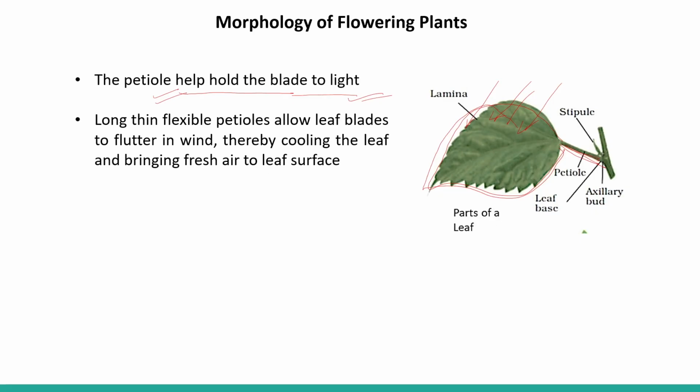The long, thin, flexible petiole allows leaf blades to flutter in the wind, thereby cooling the leaf and bringing fresh air to the leaf surface. So the petiole is positioned in such a way that when air moves, the leaf blade flutters, and it provides a cooling effect to the plant.